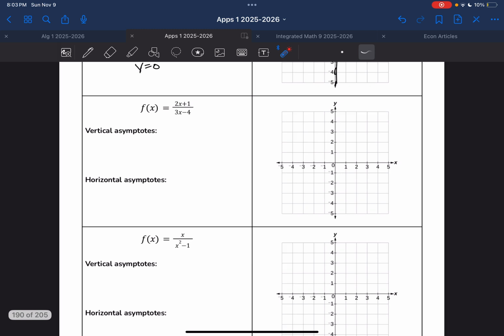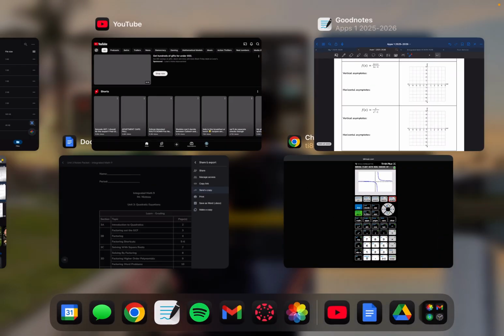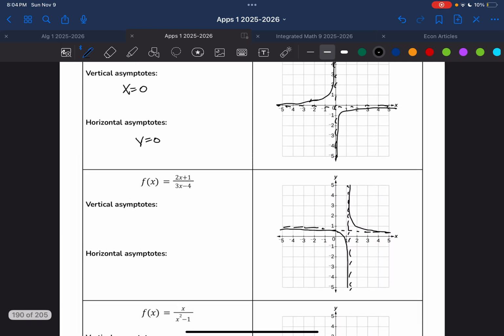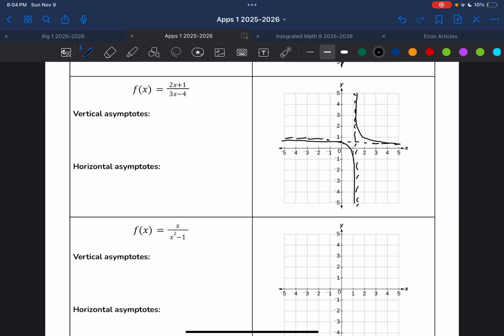And so you can kind of sketch that to say that it goes something like this, and then something like this. So we see that we have a vertical and a horizontal asymptote here. But their exact values are less clear than it was on the first one, because they're not at 0, right? In fact, they're not at an even number.